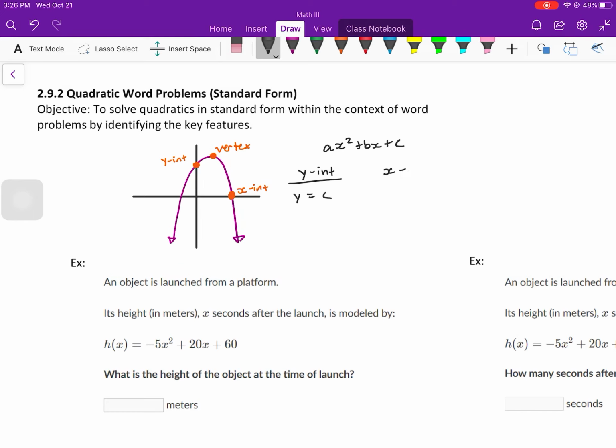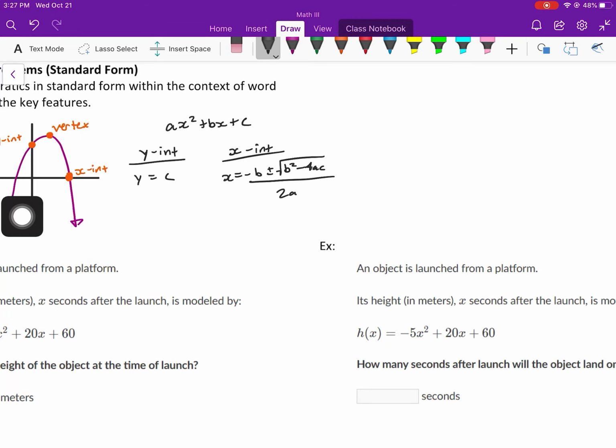The x-intercept is the solutions. We can use the quadratic formula. Remember that plus or minus gives us two solutions. Makes sense because there can be up to two solutions with the quadratic function. Remember, 1, 2. So be careful on which one you pick. And then last, that vertex.